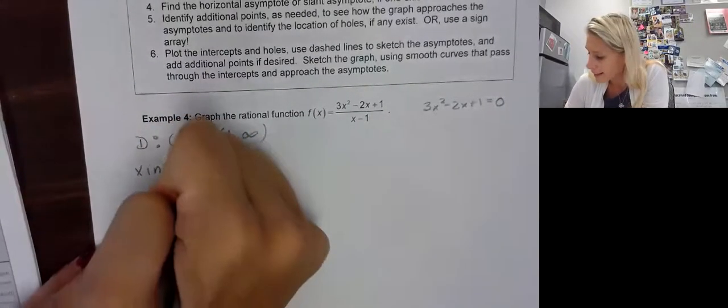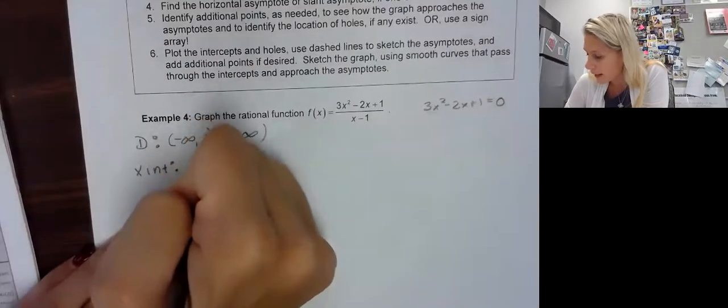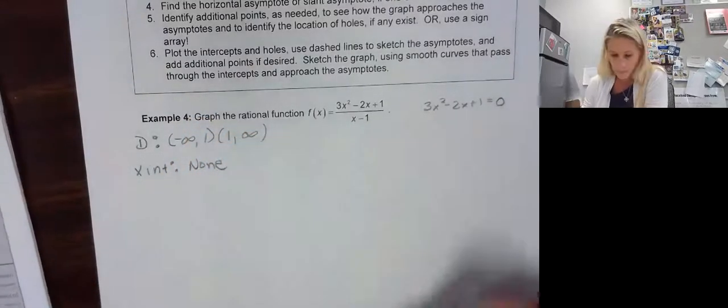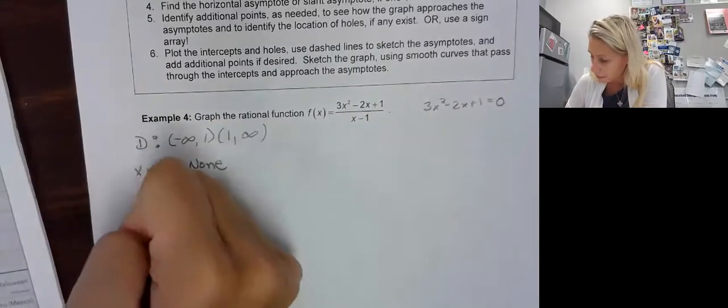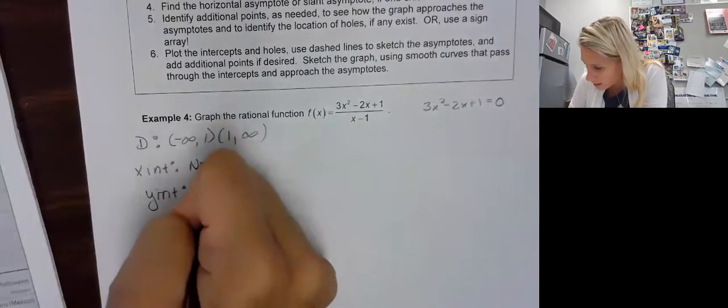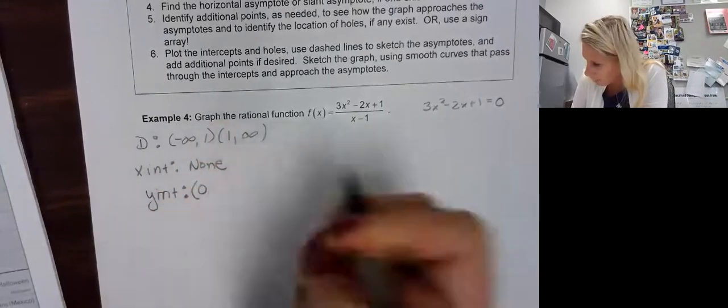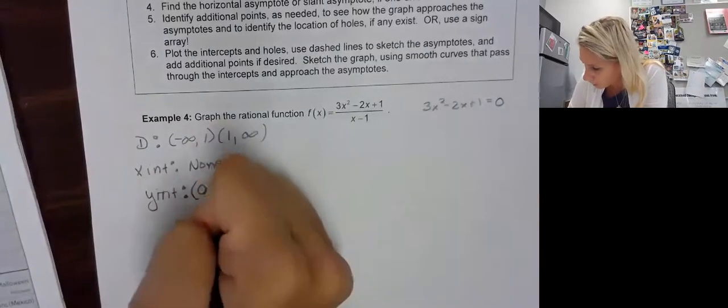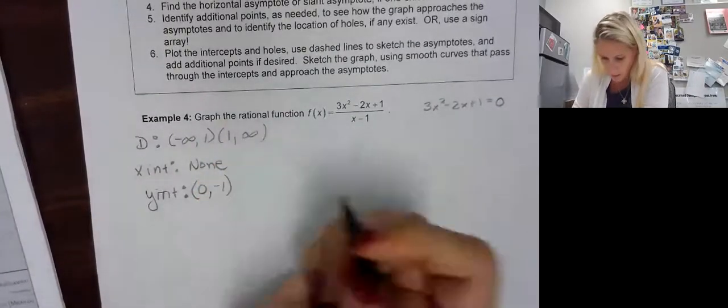So in that case, there is none. And you can try that quadratic formula now. Y-intercept is when x is 0. And then if we plug in 0, we get 1 over negative 1, which is negative 1.